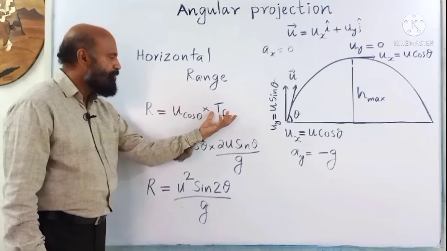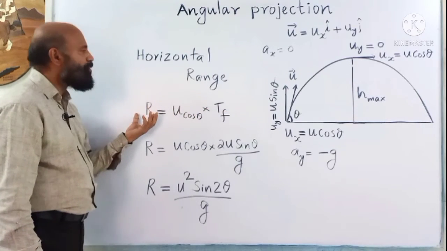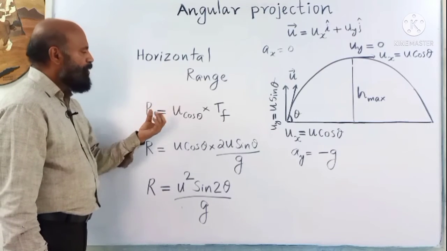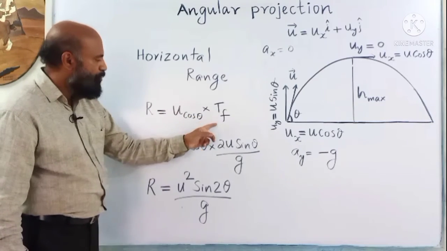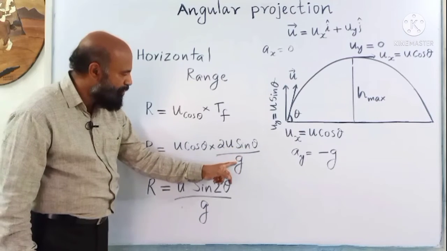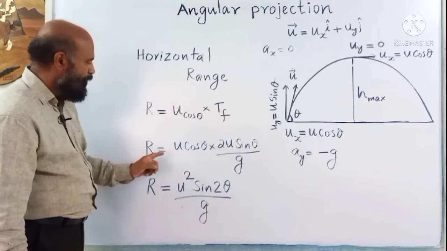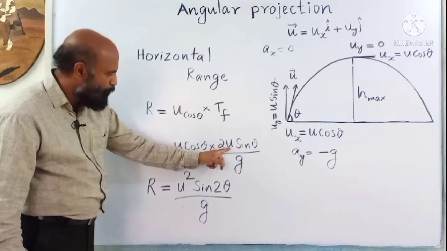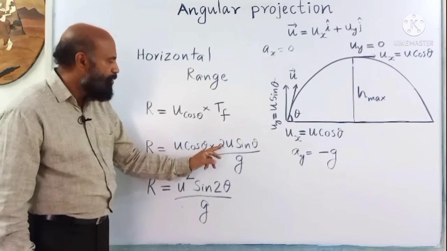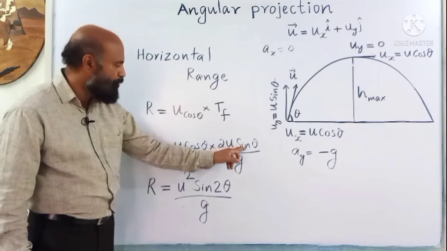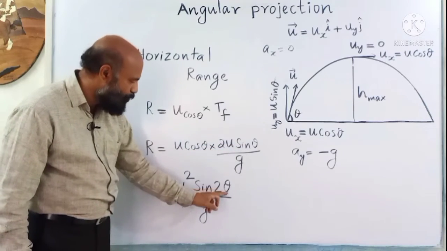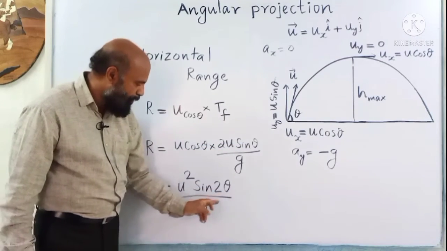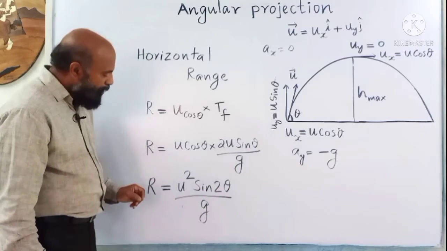Velocity multiplied by time is the displacement. So time of flight, 2u sine theta divided by g. So range is equal to u square. Then as per trigonometry, 2 sine theta cos theta is sine 2 theta, divided by g.